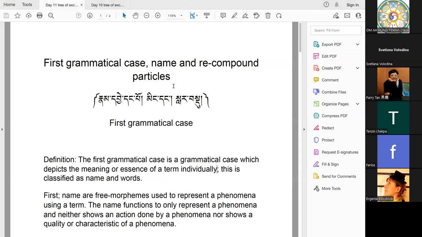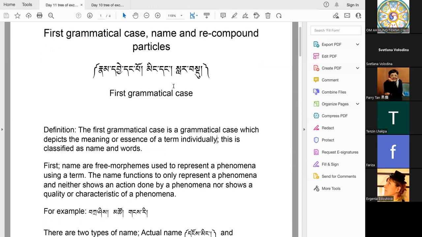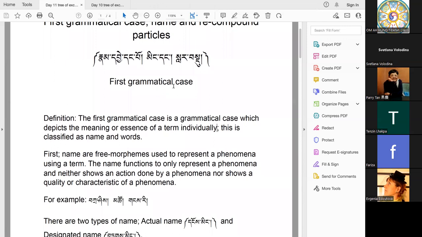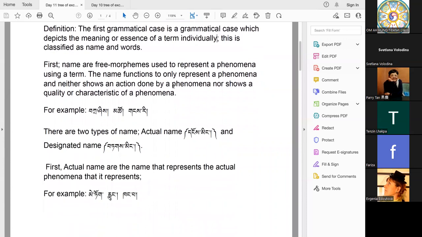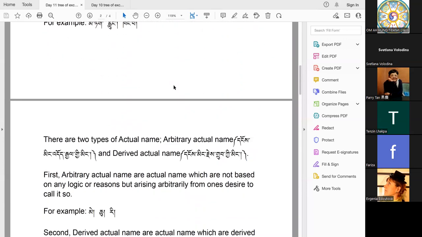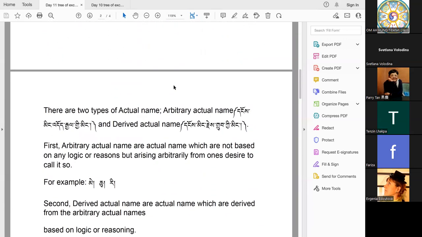Gela, I have a question. Yes. The first grammatical case, as your definition, is a grammatical case which depicts the meaning or essence of a term individually. But then after that, under the first narration, where the actual name and the designated name, there's a part where names are given based on the adjective or derived based on logic or reasoning.